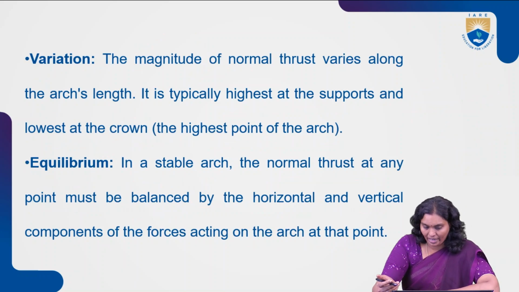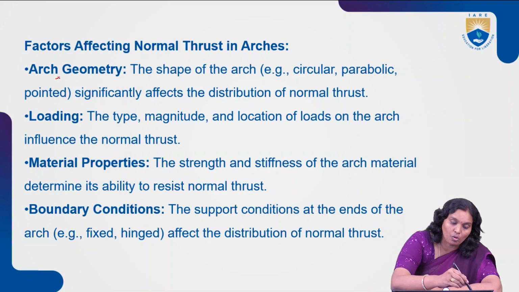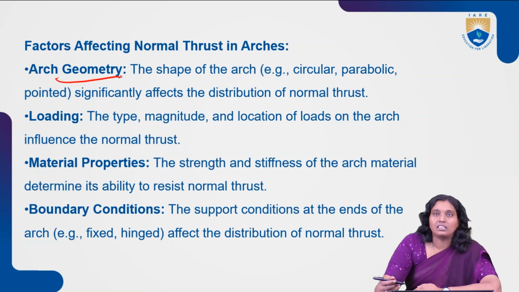So what are the factors affecting normal thrust in arches? Arch geometry is the first: the shape of the arch, whether it is circular, parabolic or pointed, whatever it may be.